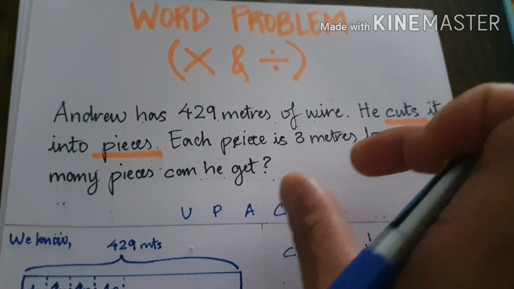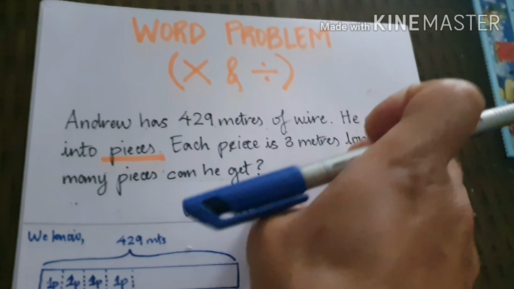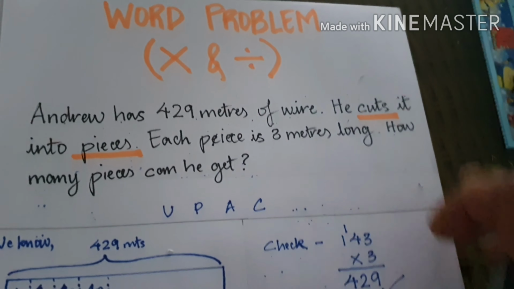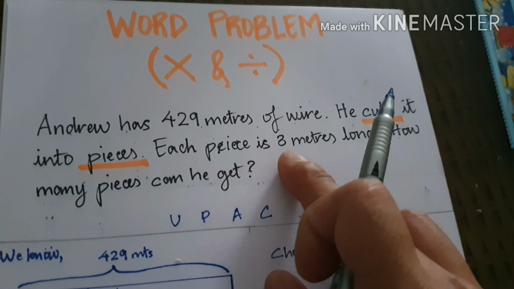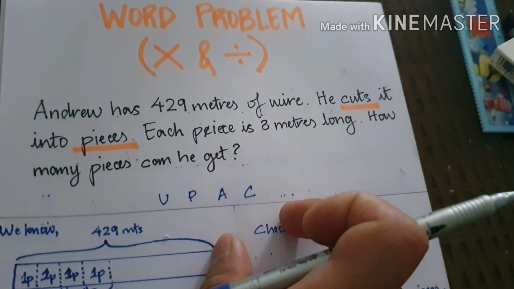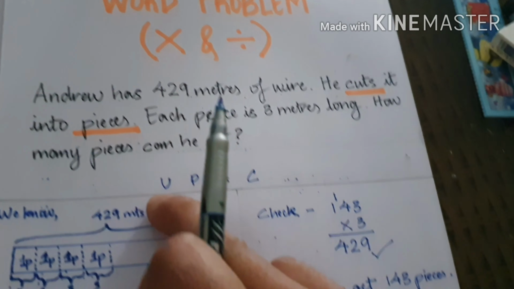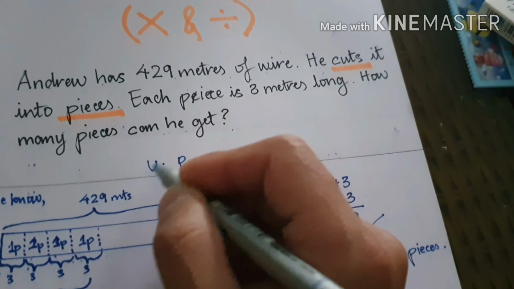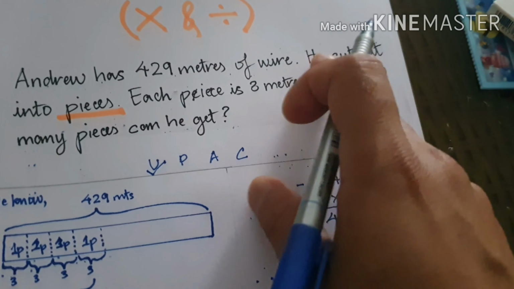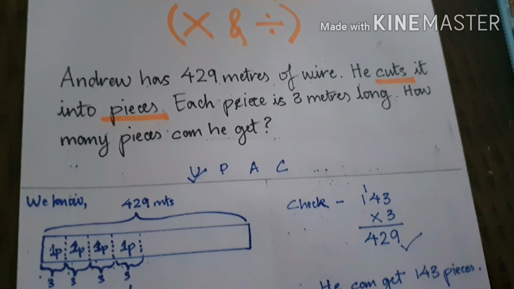So we need to find out how many parts he can break it into, or how many groups he can form out of this 429 meters of wire, where each group must be 3 meters. Alright, we are given the total length of wire, we are given the hint, cuts, that means to divide or to share or to break.